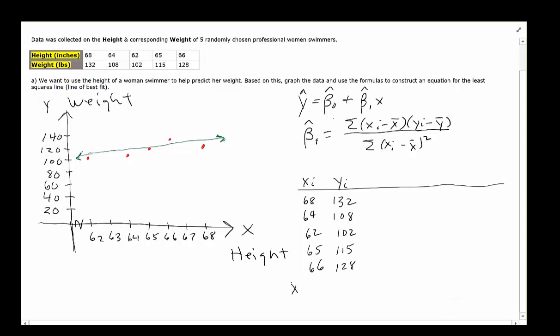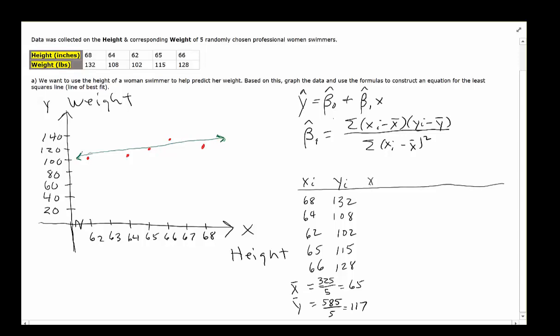So let's calculate an x bar, and let's calculate a y bar. The x bar is the average of the x coordinates of my collected data. So my x bar would be 325 divided by 5, which would be equal to 65. My y bar would be 585 divided by 5, which would be 117.